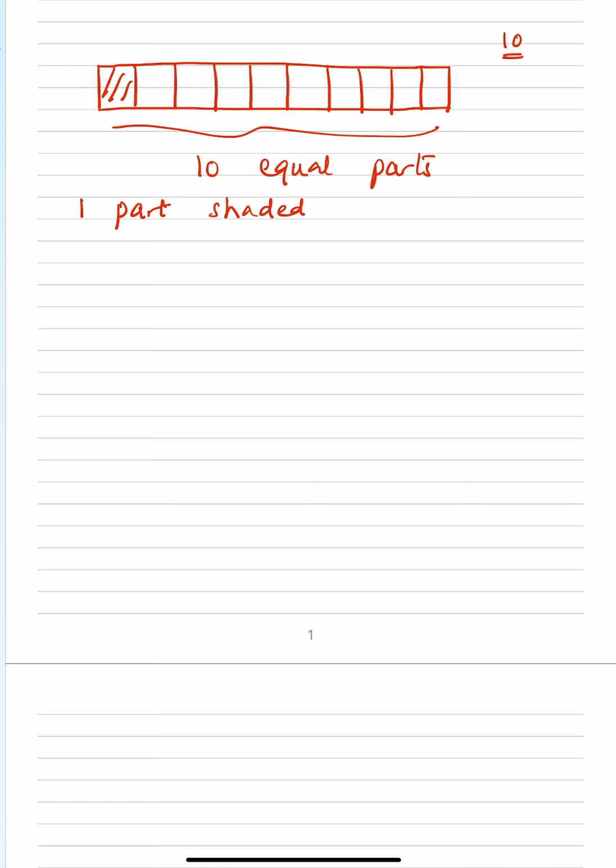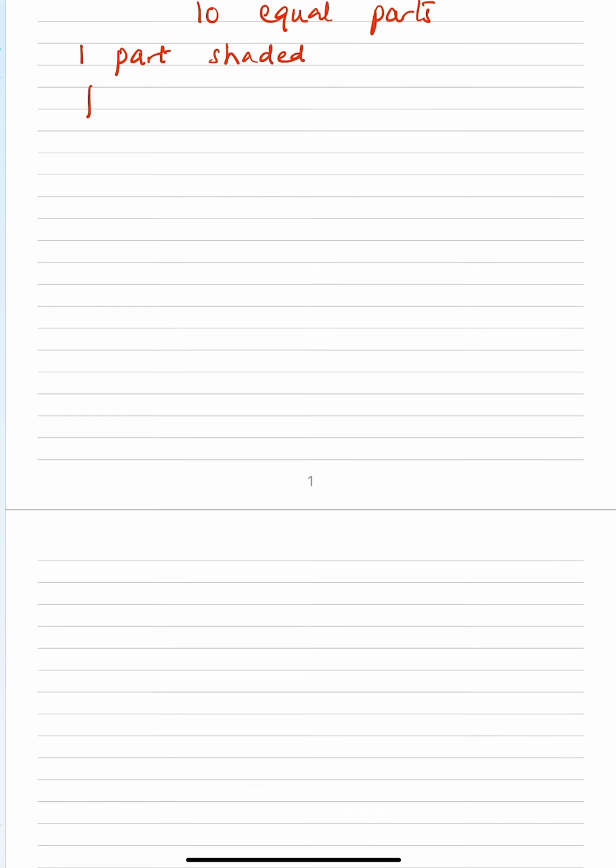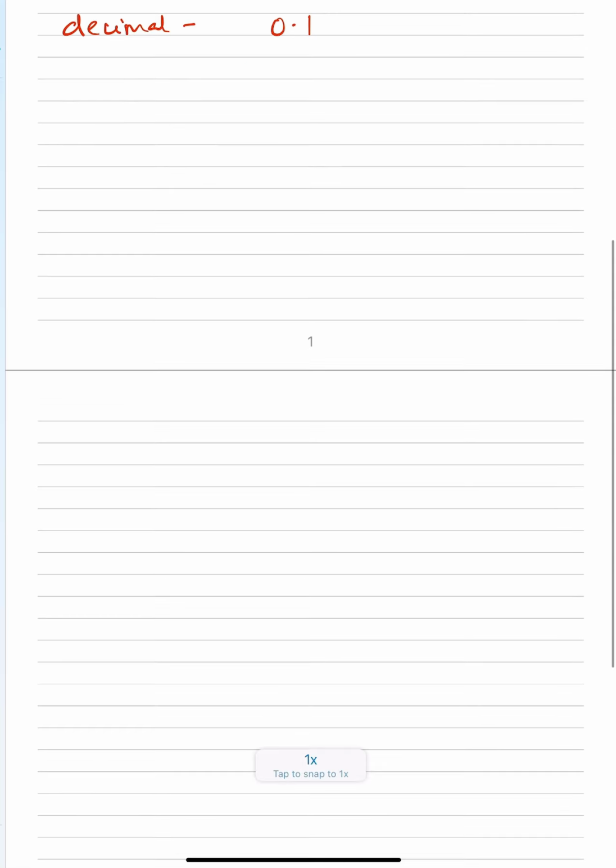Then we will write this as a fraction 1 upon 10, correct? And in decimal, because it is 10, before one digit we put a decimal point and then 0, so 0.1. This way we write in decimal and in fraction also.